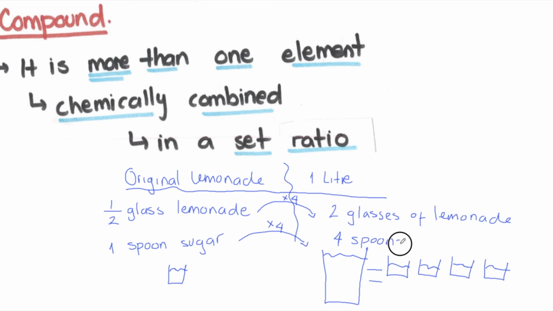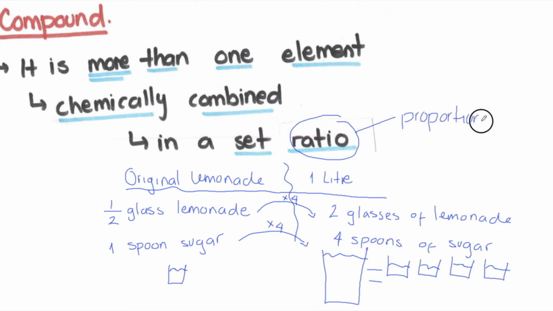So this is what we mean by a ratio, something that is proportional. That means that we will find the same ingredients in only one or in many. It is always going to have the same proportion of ingredients.